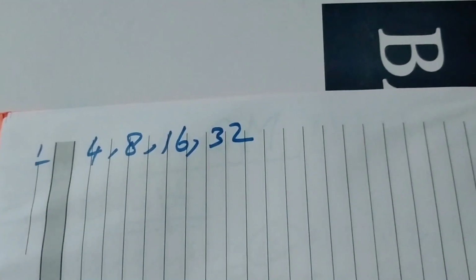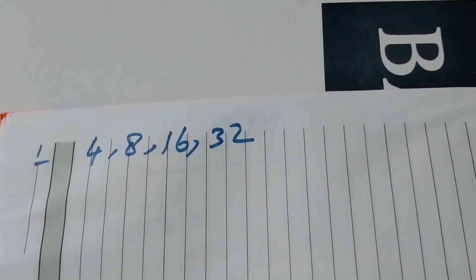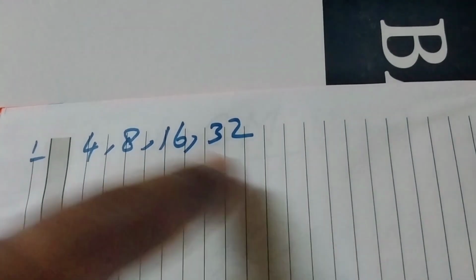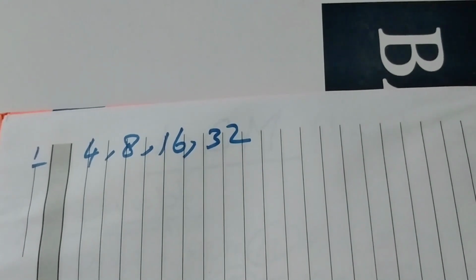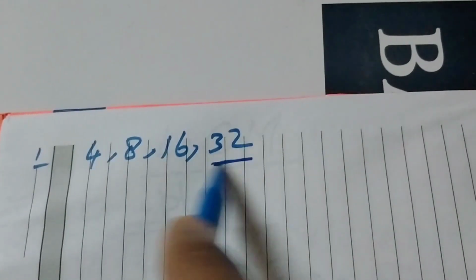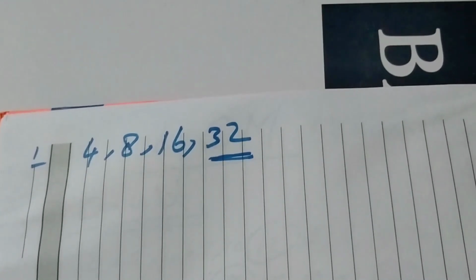My dear, I'm going to write a number, for example for the first technique or strategy: 4, 8, 16 and 32. These numbers are given. So what is the LCM of these given numbers? Very easy. Let's see the biggest number. Which one is the big number? That is 32. Now check all smaller numbers.